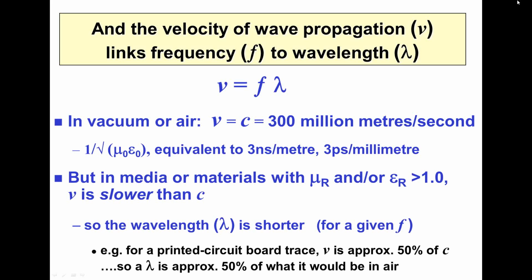In some other materials like Teflon, it might be 2 or 3, for instance. But in a ceramic substrate, like on a thick film hybrid circuit, it's about 10, and the velocity is about a third. Anyway, the wavelength in a PCB made of FR4 is about half of what it would be in the air, which is why earlier on we said 1/100th of a wavelength at a gigahertz was 1.5 millimeters, not 3.